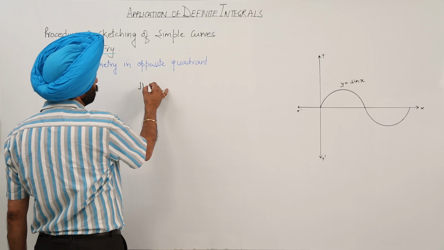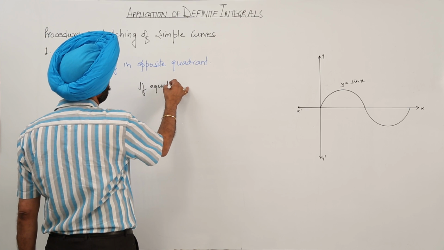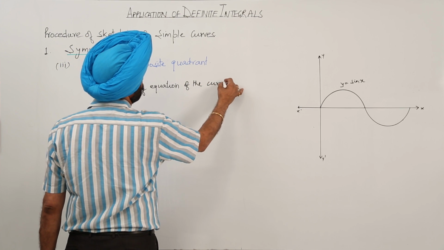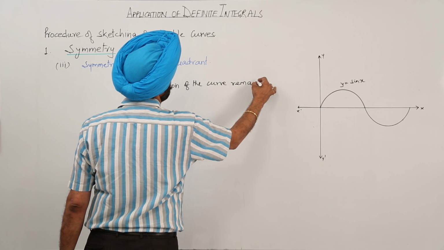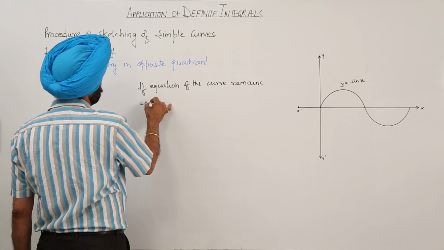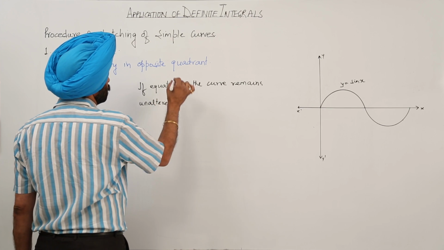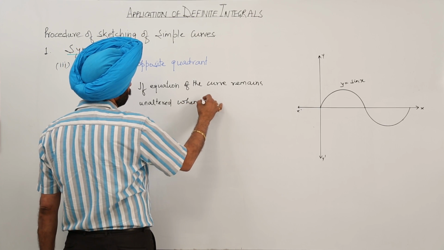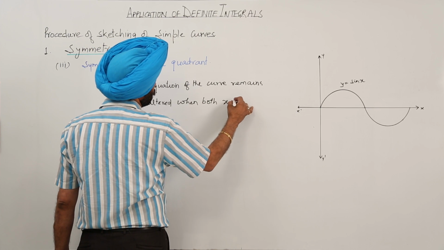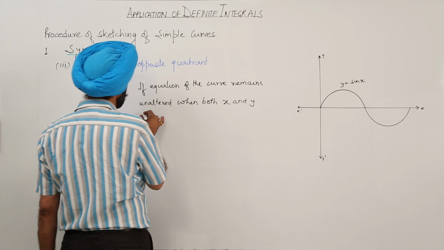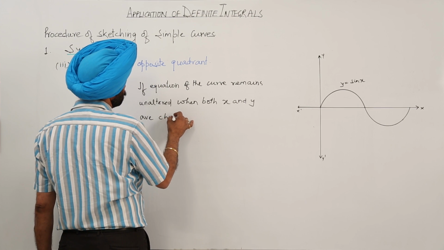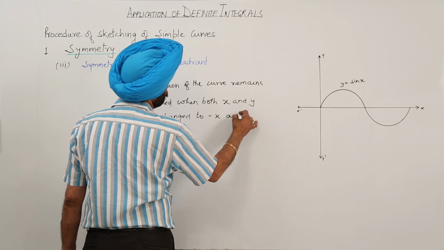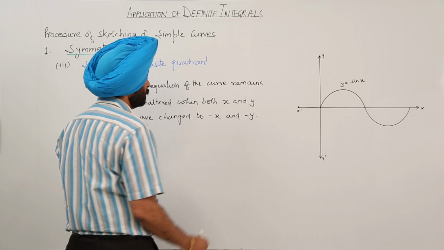If the equation of the curve remains unaltered when both x and y are changed to negative of x and negative of y respectively.